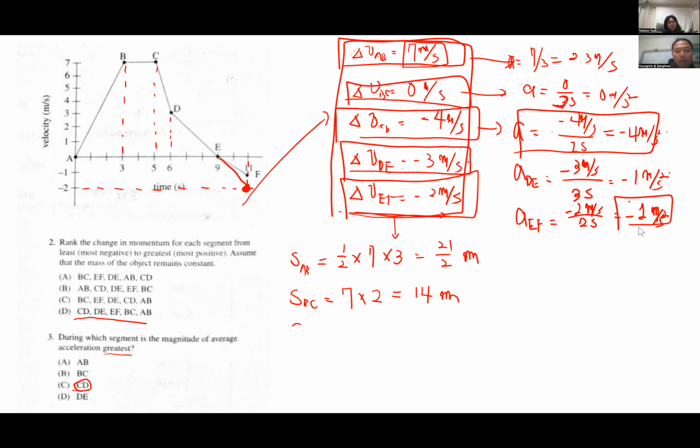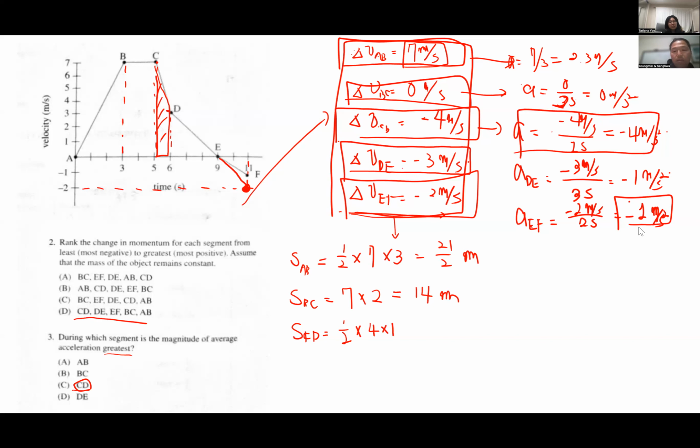And distance from C to D, this area, right? That is 1/2 times, so that the velocity reduced from the 7 meter per second to the 3 meter per second. So that is 4 times 1 second.